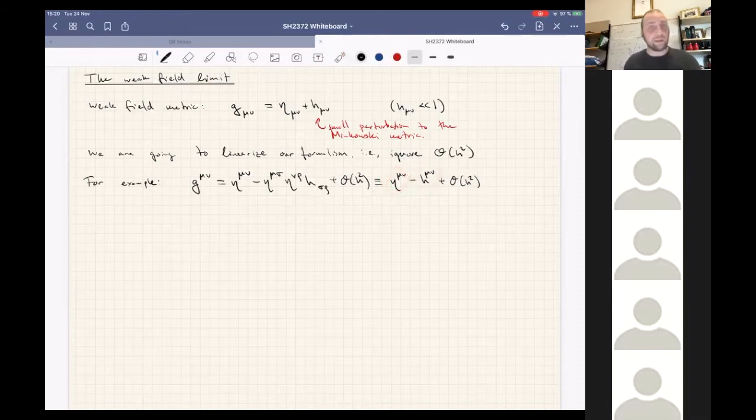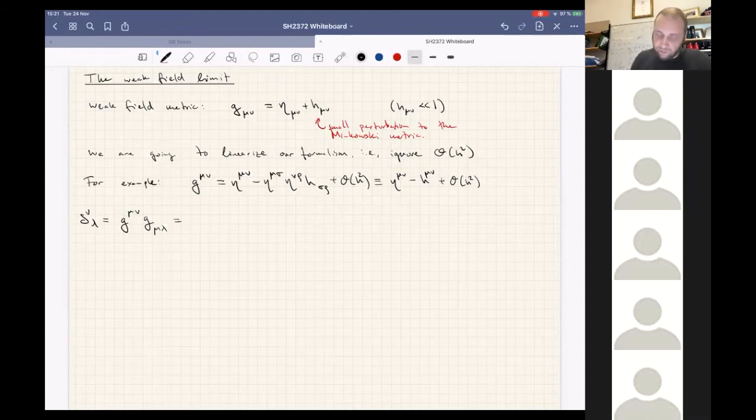So we can check that this actually makes sense, that to linear order in h, the inverse metric is given by this expression. So what we want to have is g mu nu times g mu lambda should be delta nu lambda, right? Because it's the metric and the metric inverse.